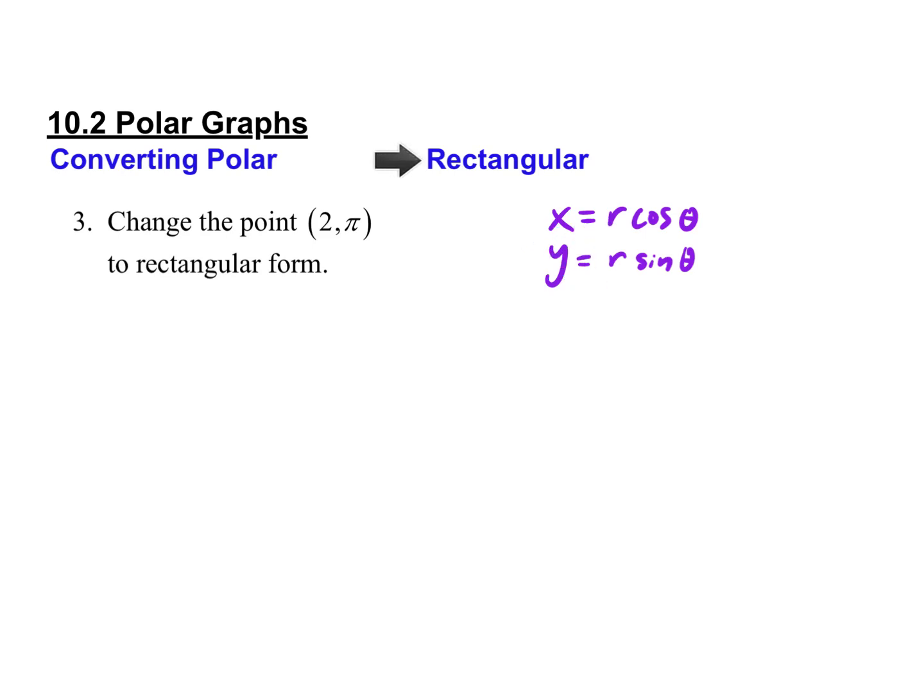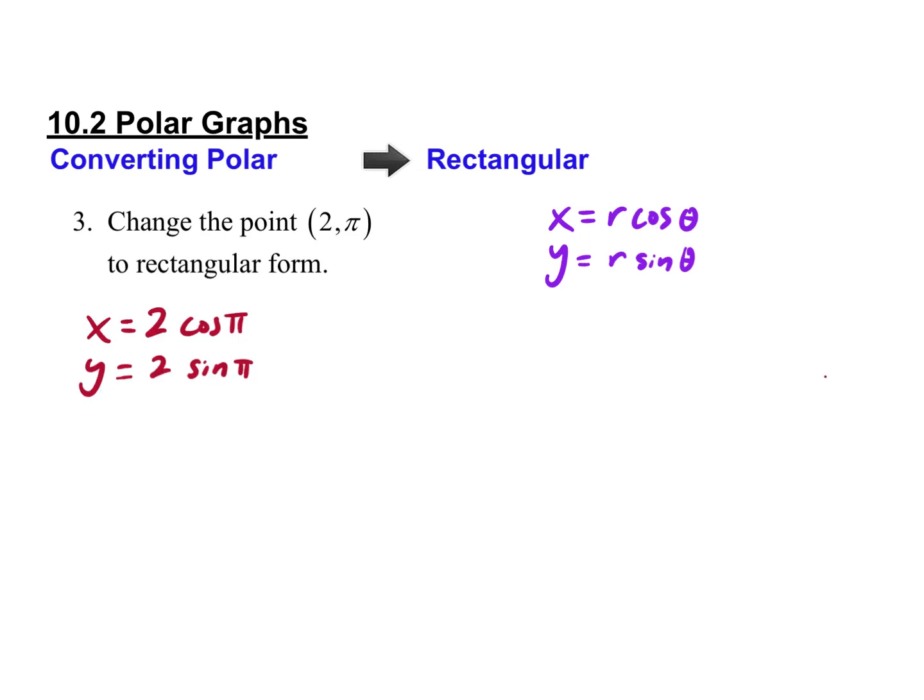Okay. So the key for this kind of problem is knowing that you're going to have some sines and cosines in your answer. Since what we're trying to do is come up with x and y, and they're giving us r and theta, it's just a matter of plugging those in and evaluating what x and y would be.